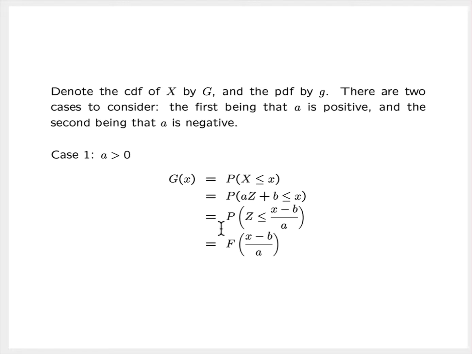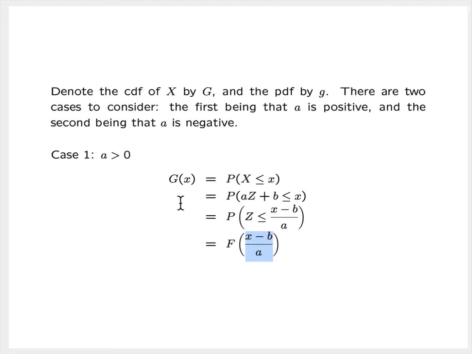Now, the probability that the random variable z is less than or equal to this expression, x minus b over a, we recognize as just being the CDF of z evaluated at this quantity. Remember, capital F was the CDF of z.